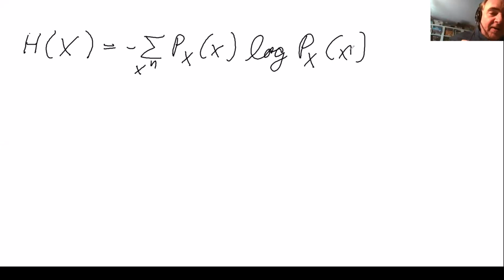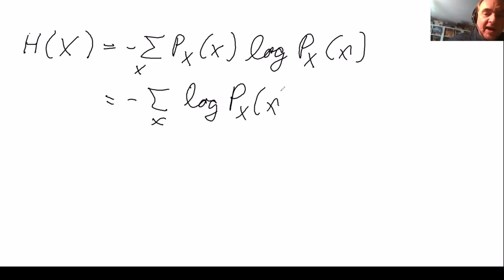We just sum over all x in X and get this. Now we can rewrite this using the rules of the logarithm. So we can write this as minus the sum over all x of log P_X(x) to the P_X(x).